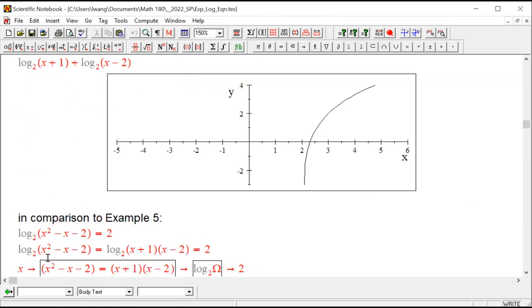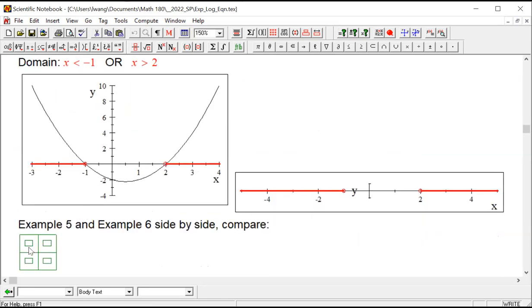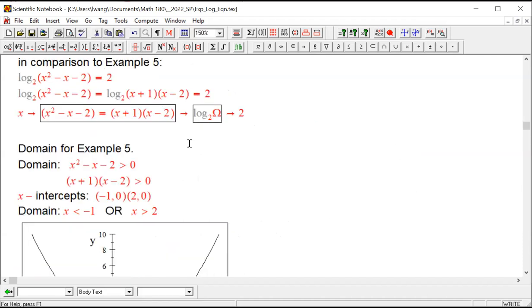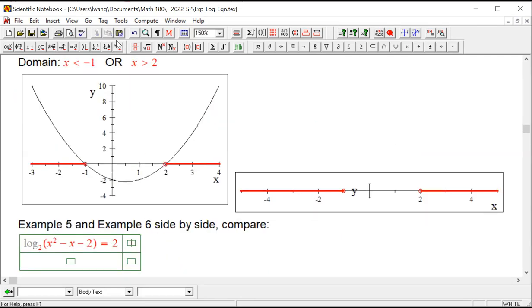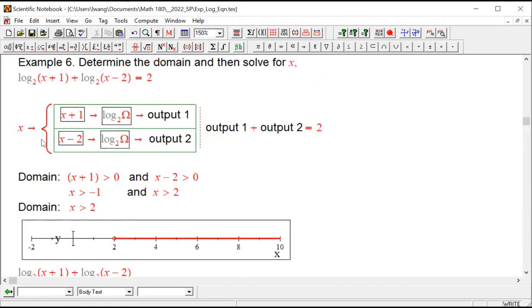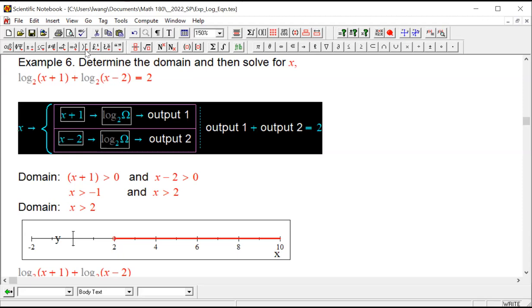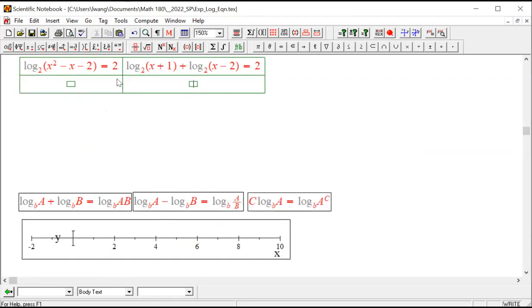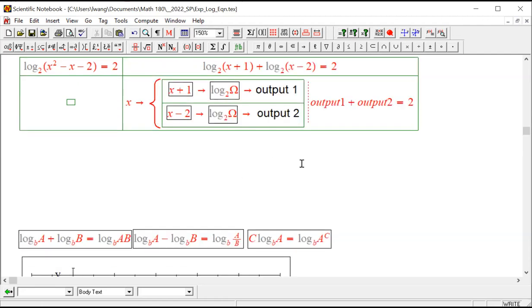First thing, this is example number 5. And the second thing, this is example number 6. The flow of operation for example number 6 is such, right?